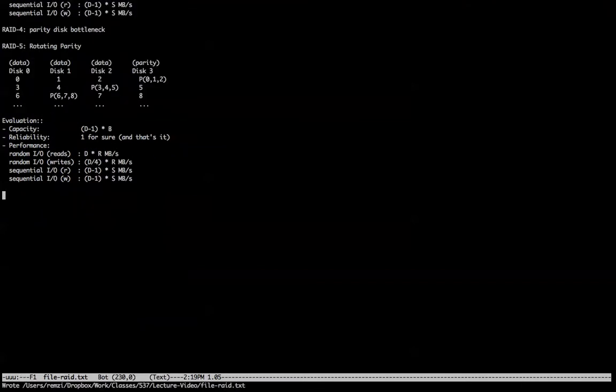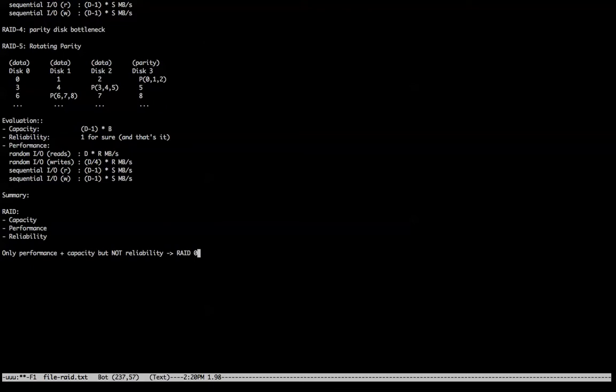Okay, so let's summarize a bit. RAID is terrific because it allows us to increase capacity. It allows us to increase performance. And it allows us to increase the reliability of the system as well. When people think about RAID systems, if they only care about performance and maybe capacity, but not reliability, well then of course you'd always go with RAID 0 or striping.